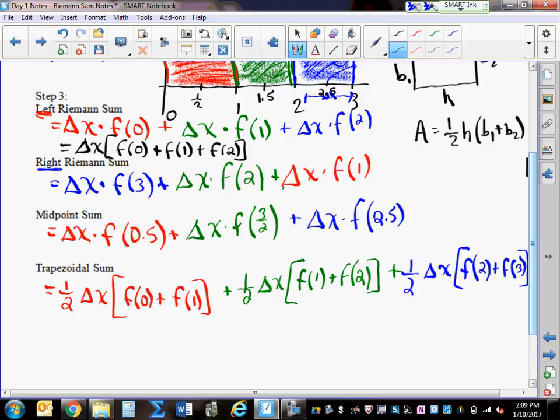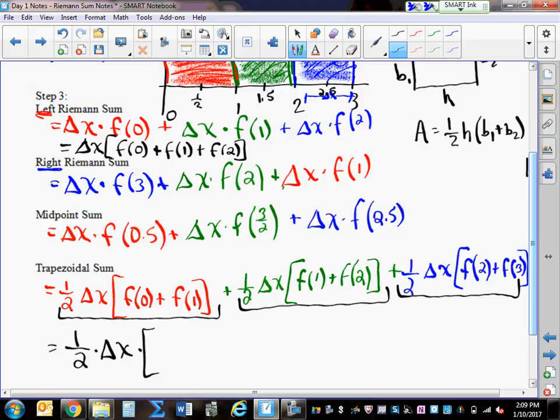Now, if we look at our trapezoidal sum, notice that this is my first trapezoid, my second trapezoid, and my third trapezoid. They each have 1/2 delta x in common. So we could actually factor out 1/2 times delta x.